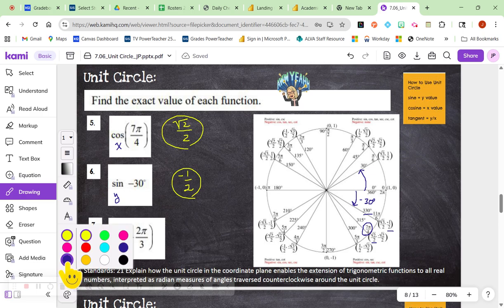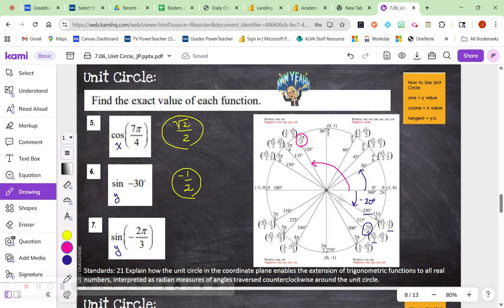Number 7, sine, so that means we're looking for the y value at negative 2 pi over 3. So again, negative angles are not going to be labeled on the unit circle. So let's go and find positive 2 pi over 3. Positive 2 pi over 3 is here. That would be rotating 120 degrees counterclockwise.